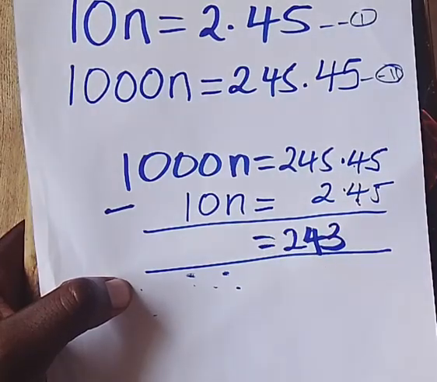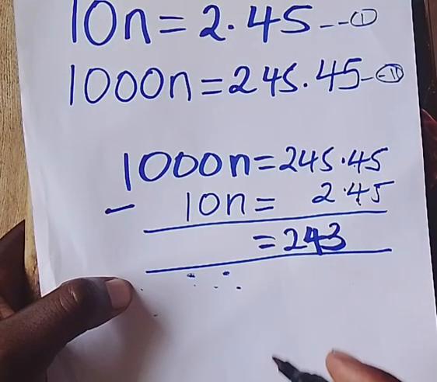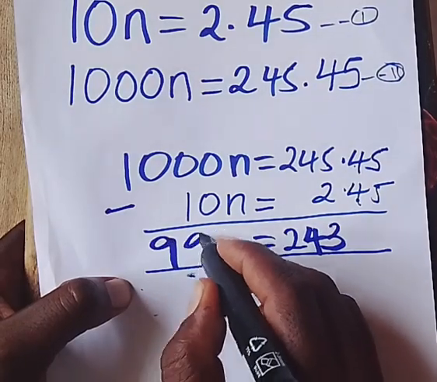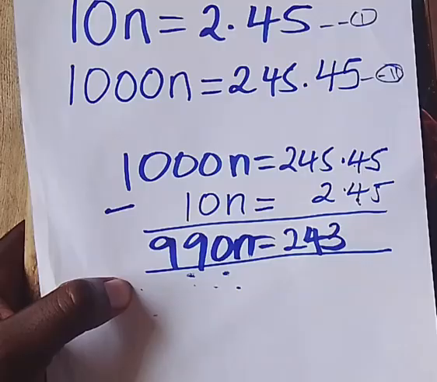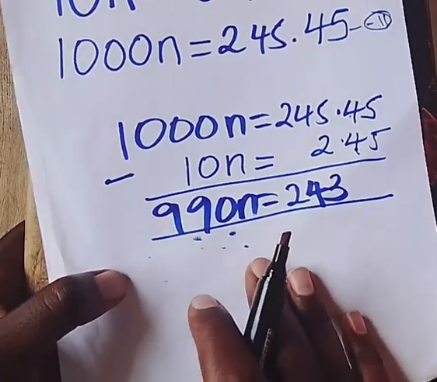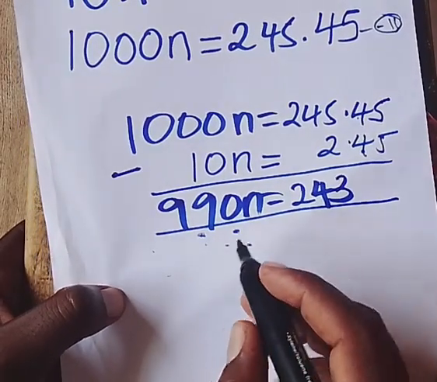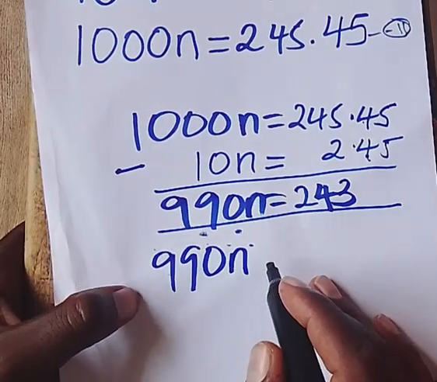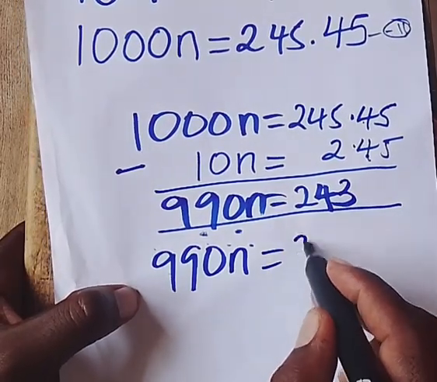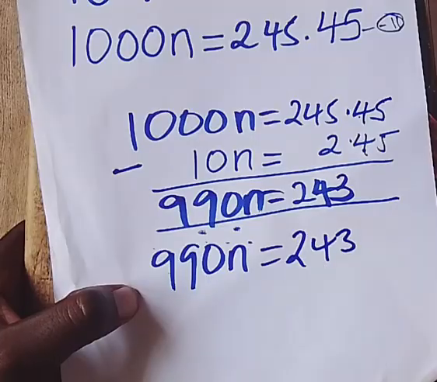Is equal to 1000n minus 10n, you get 990n. So now we need to remain with n on this side, so you can rewrite the equation: 990n is equal to 243.